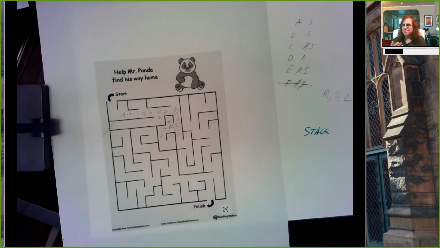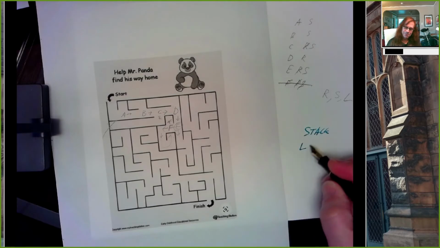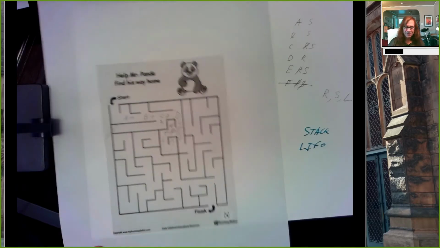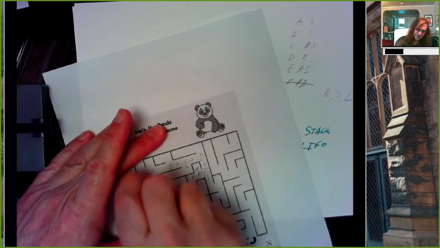Right? So it's a LIFO. The last decision we made is the first decision that we're going to reevaluate. So it's got that LIFO structure to it. But we don't have to use a stack to solve a maze.